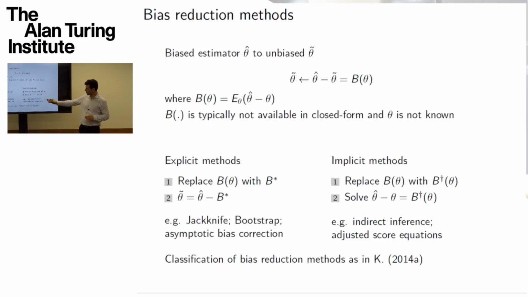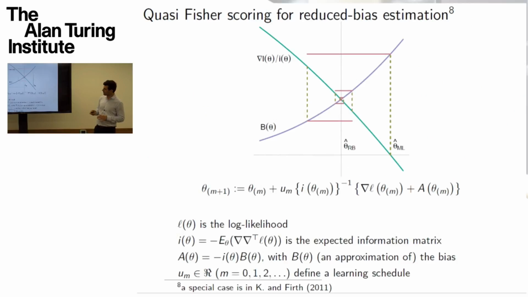And then you solve an implicit equation on the new estimator, right? And you have indirect inference there, which is pretty popular in econometrics. And you also get an adjusted score equations method that I will show you later. So this kind of puts everything under the same umbrella, and also leads to very neat algorithms if you want to reduce bias.